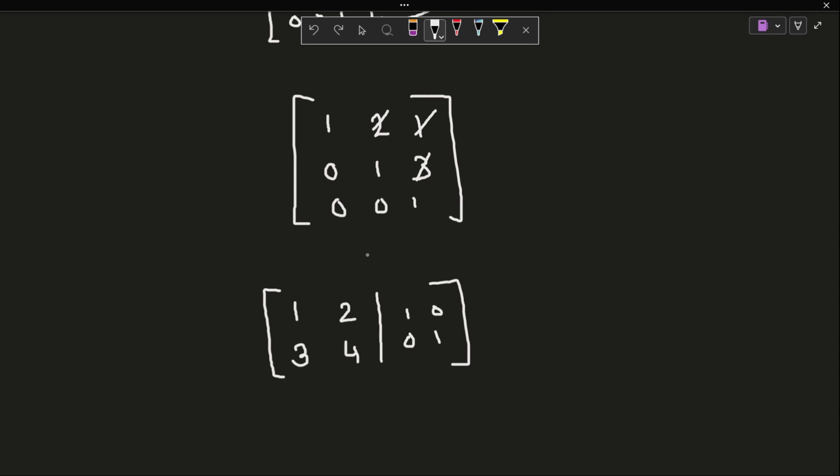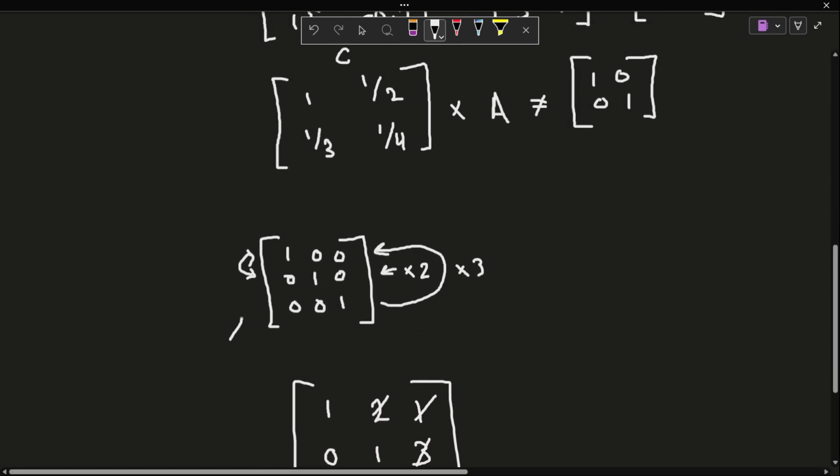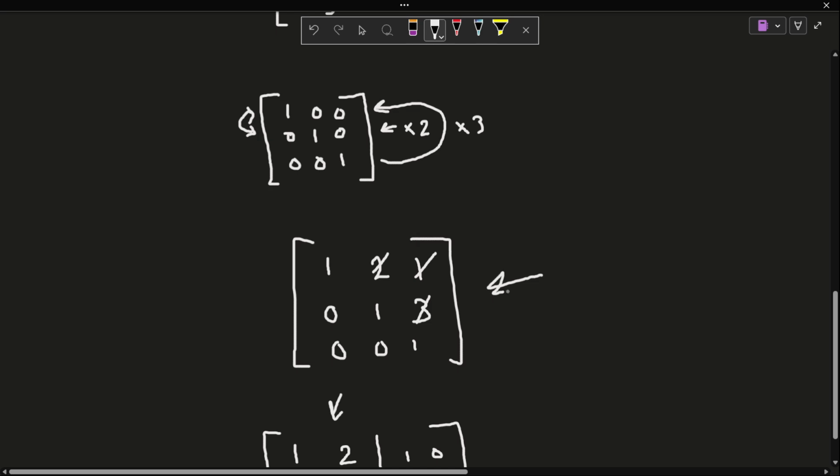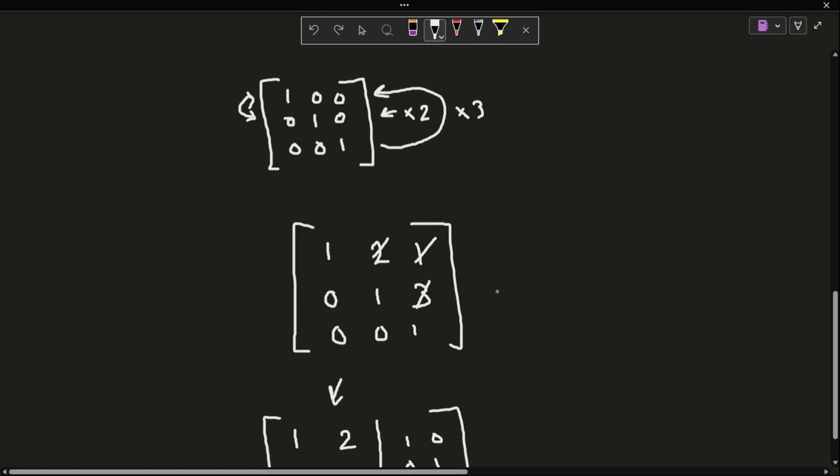So if I'm transforming this into an identity matrix, right, that means that I'm doing some operations that will undo my matrix, and we're doing operations, okay? And we know that row operations can be represented in terms of an elementary matrix. And when we multiply an elementary matrix by a matrix, then it'll perform that elementary row operation.